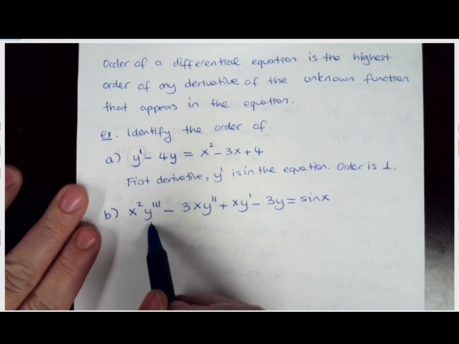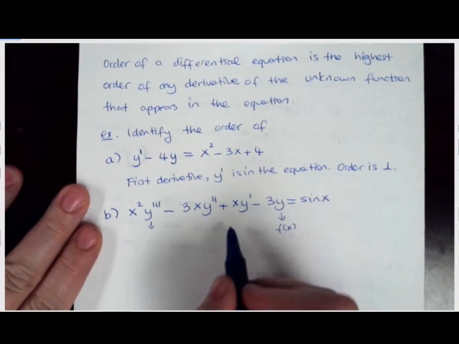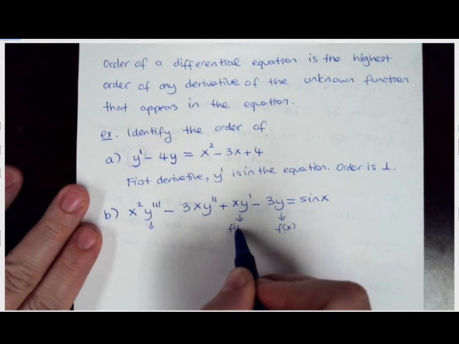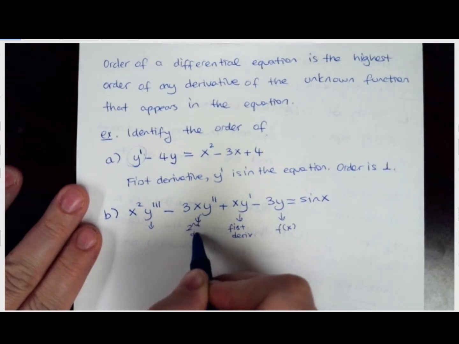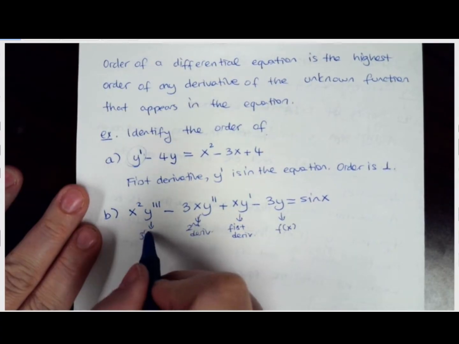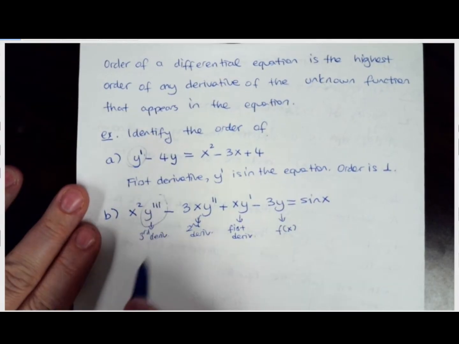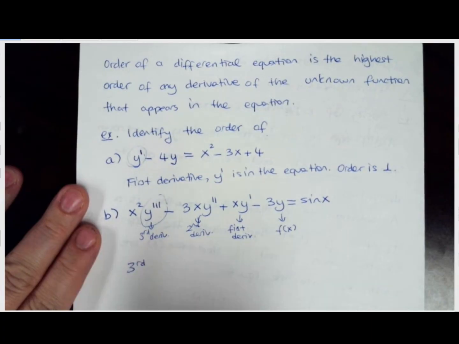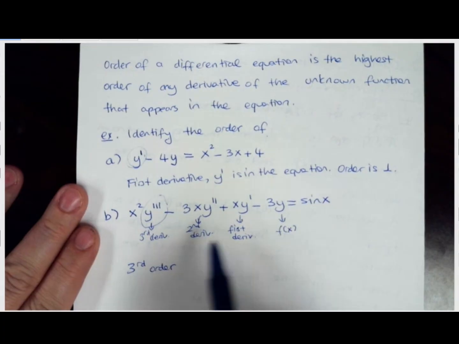We have the function itself, f of x, its first derivative, the second derivative here, and the third derivative, right? So this is third order. So the order is 3. This is a third order differential equation.